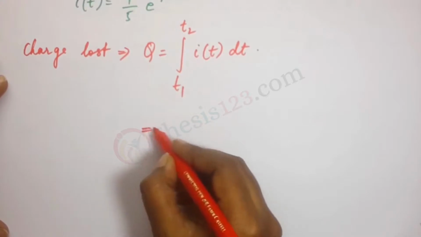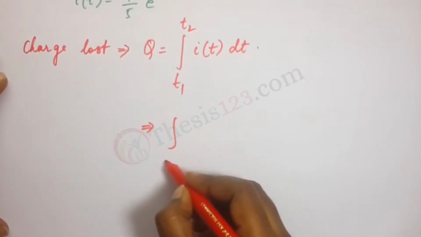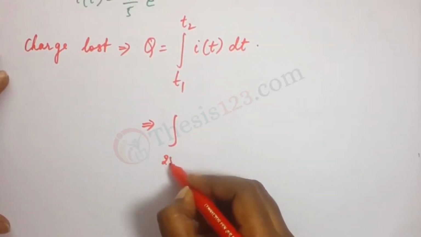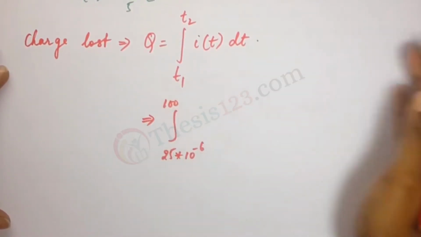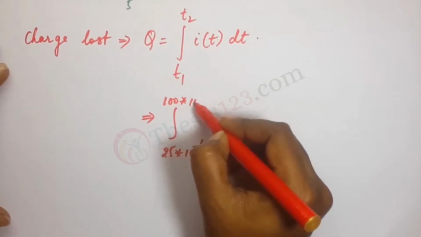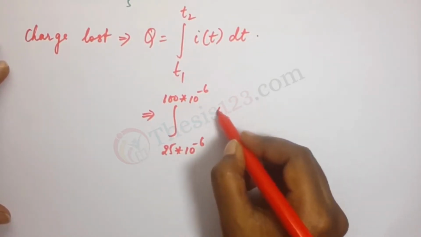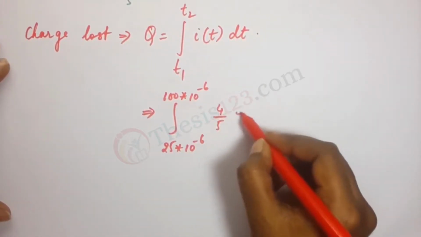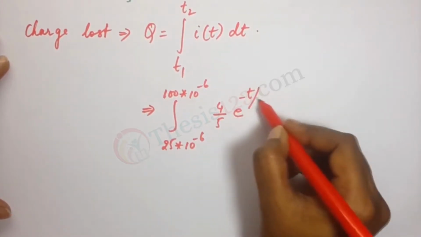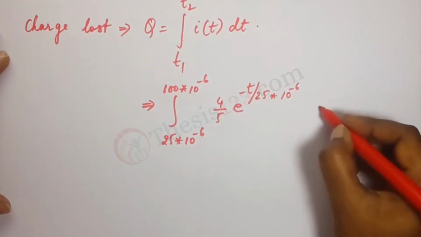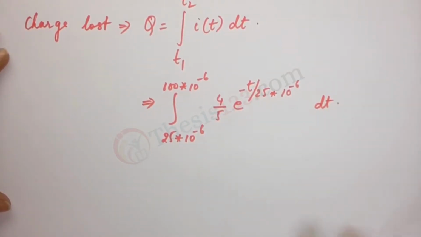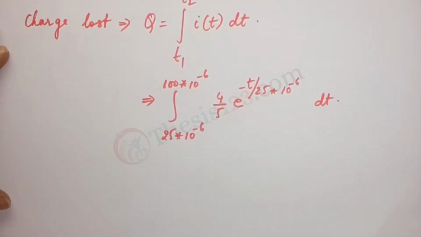Let's substitute it all: the integral from 25 microseconds, 10 power minus 6, to 100 into 10 power minus 6 of I, which is 4 by 5 into e power minus t by 25 into 10 power minus 6, dt. Let's take the constant out.